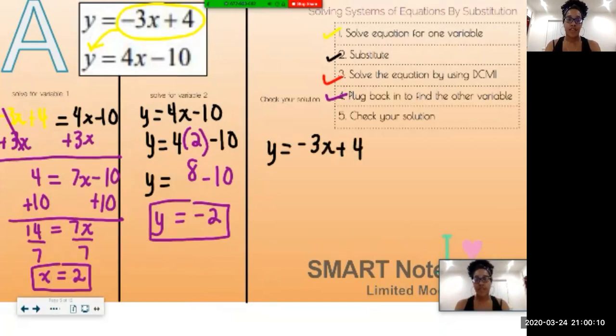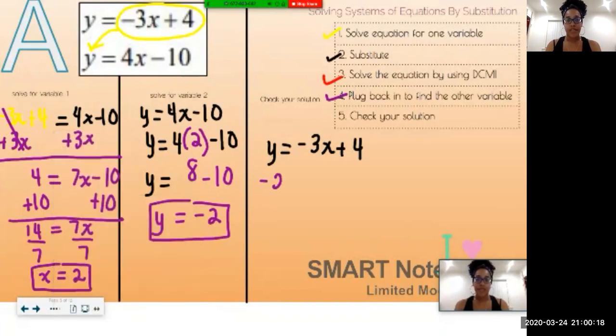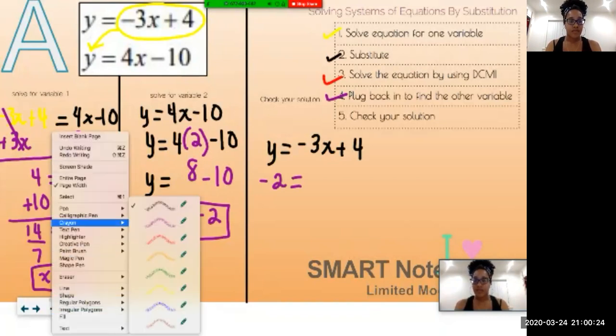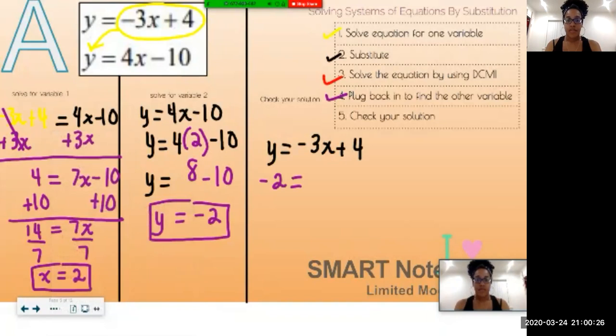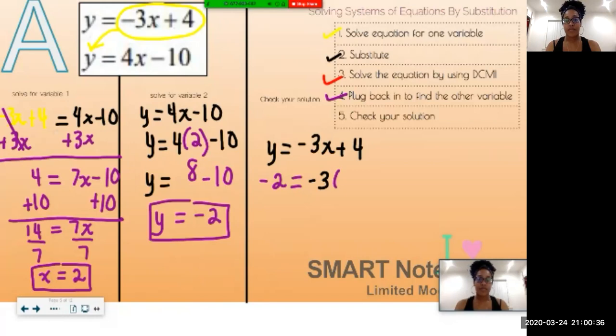We figured out together that y is equal to negative 2. So negative 2 is equal to negative 3. We figured out that in place of x, we can substitute in 2, right? Because we solved for x and it was 2.